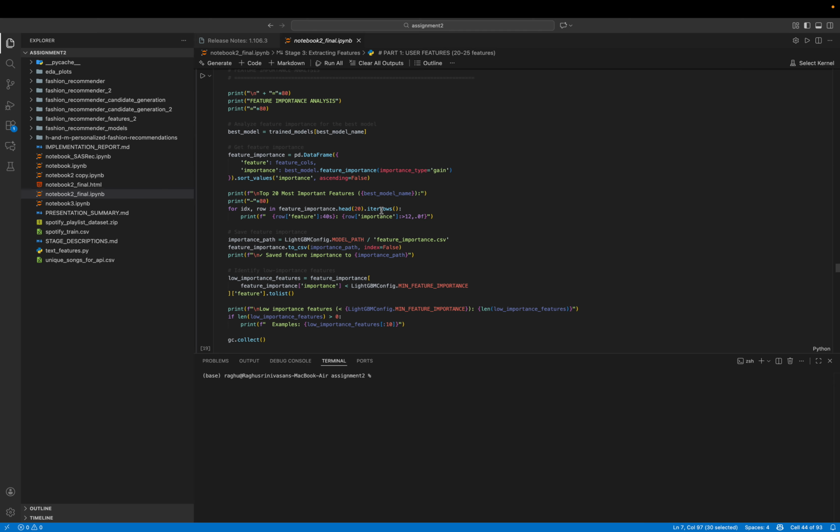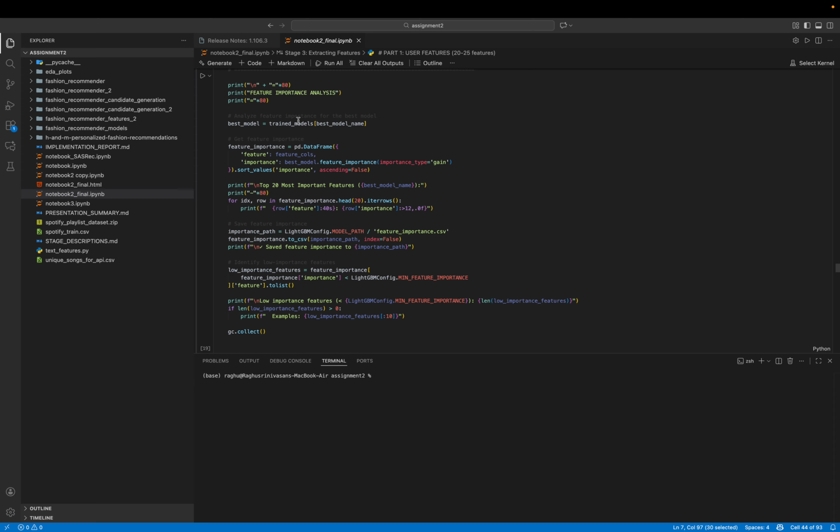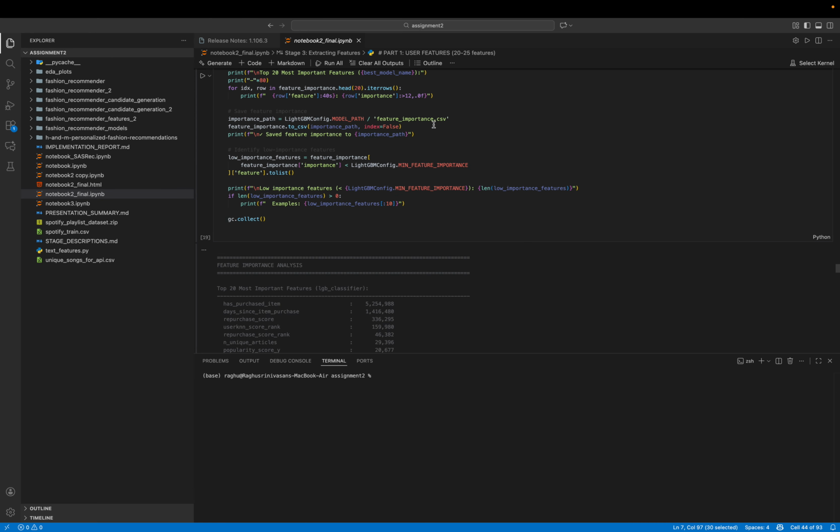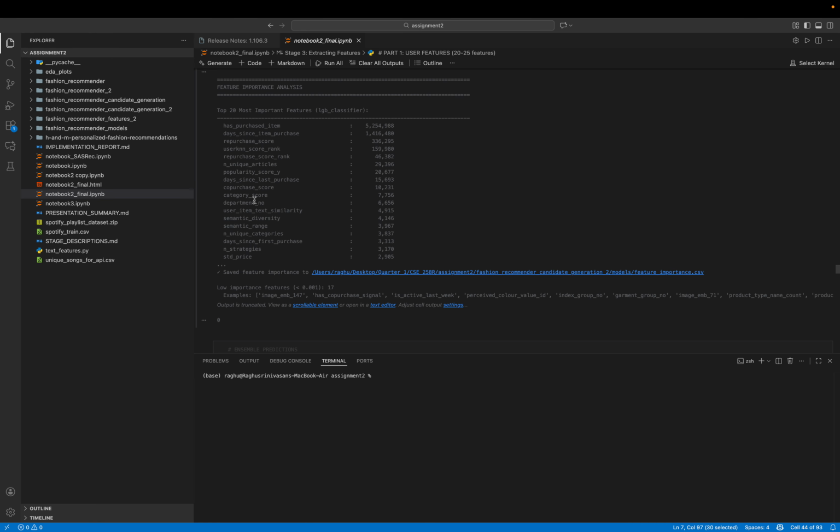And yeah, this is a very important thing that I saw about the feature importance analysis. Since we are training a tree based model, it gives out a good feature importance. So we could see that the co-purchase score, distance, popularity score, these things receive really good feature importance.